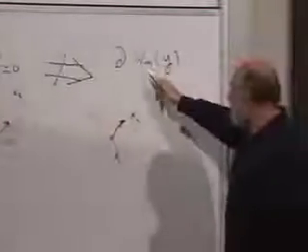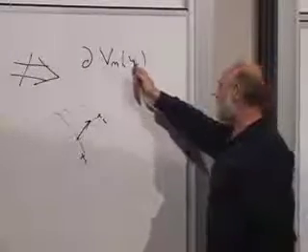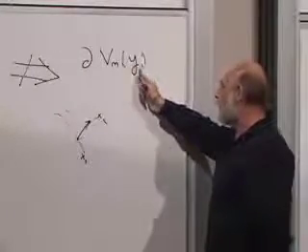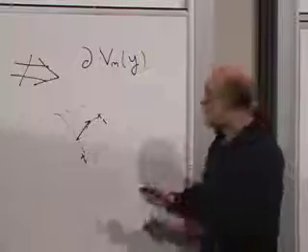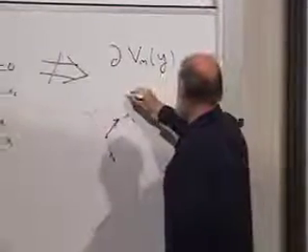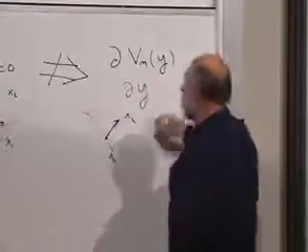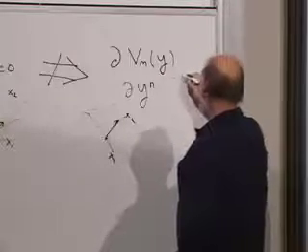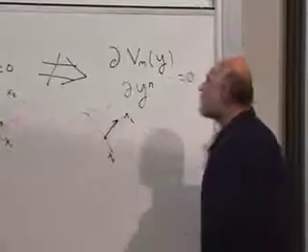This means the components, not only are they functions of y, but they're the components along the y-axes. It does not say that these are 0. No such implication.